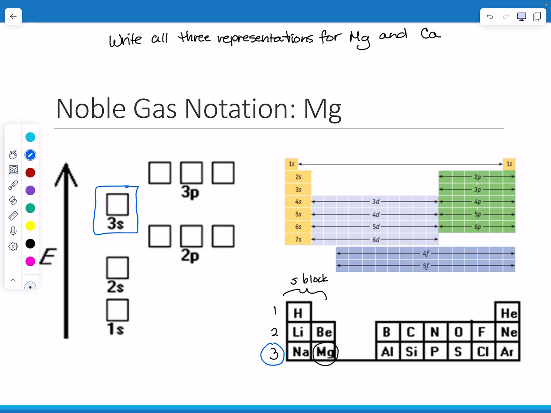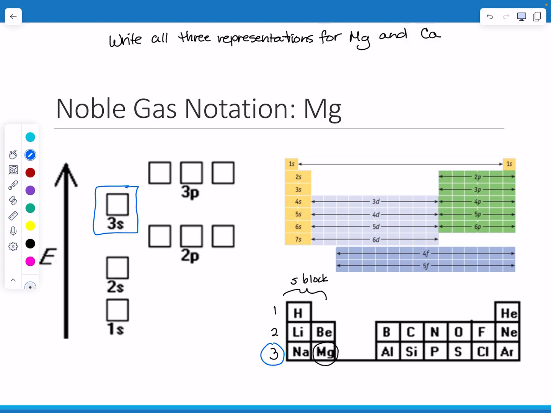Is everybody with me so far? All right, now we just have to figure out how many electrons that 3s orbital has in it. S orbitals can have up to 2 electrons. When we're using our s block, p block shorthand, we count over how many blocks we are in from the left of the beginning of that block.